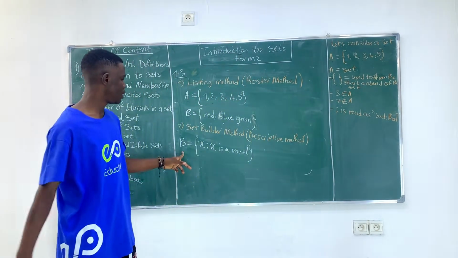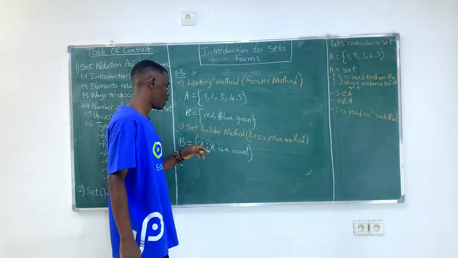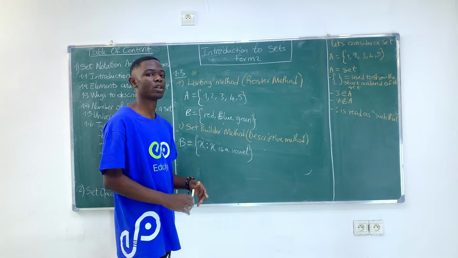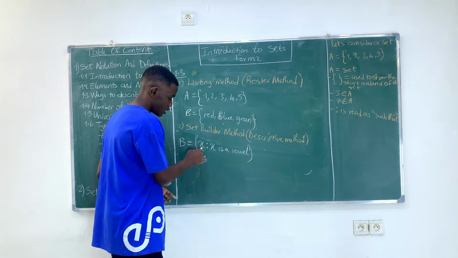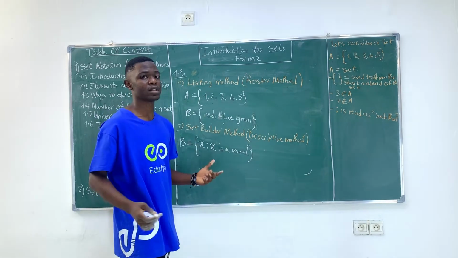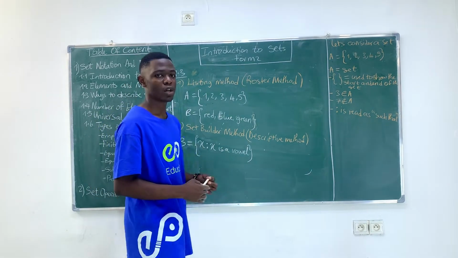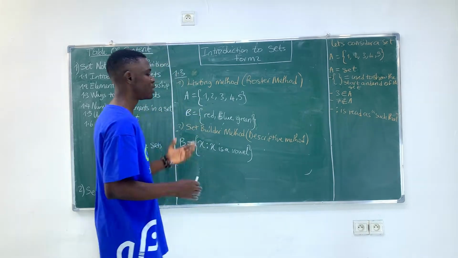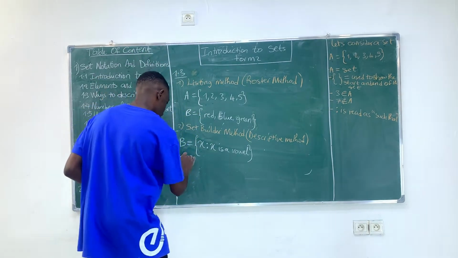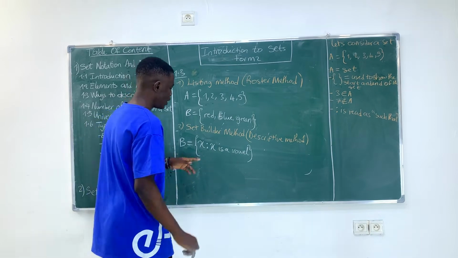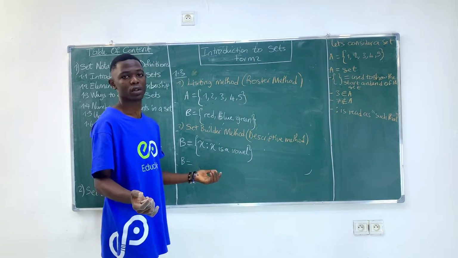So here it says B is equal to x such that x is a vowel. Now what is that x? x is a vowel. So how do you represent B in listing method form? You say B is equal to x where x is a vowel. What are vowels?